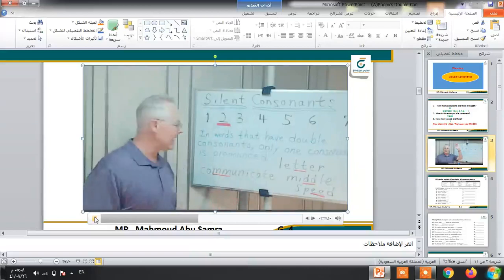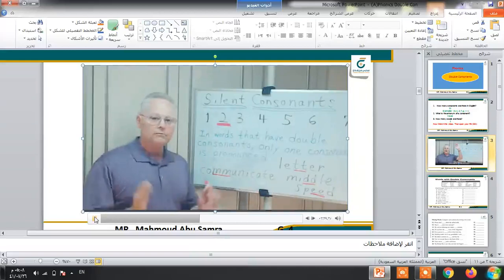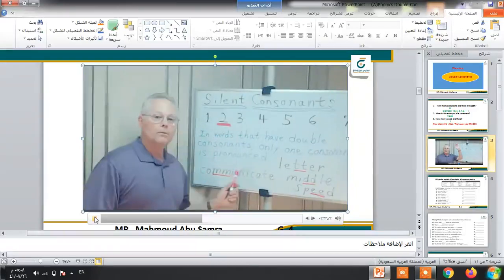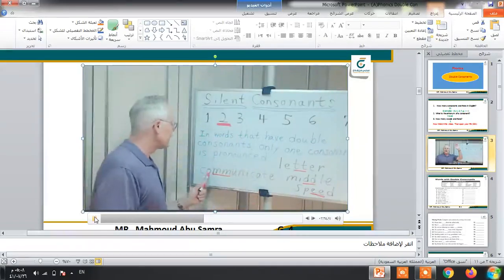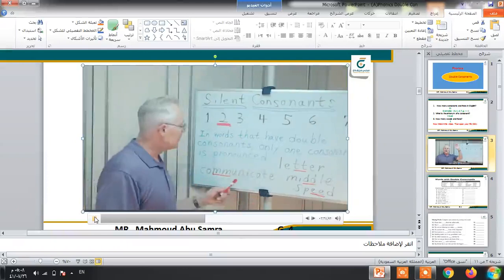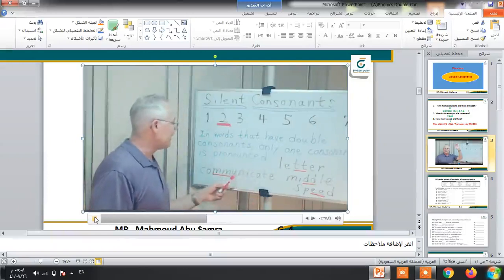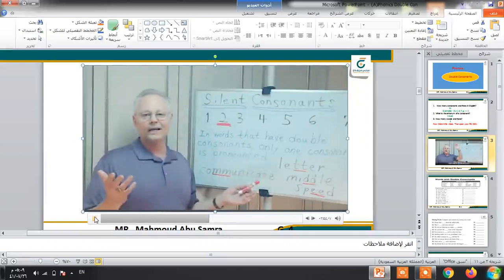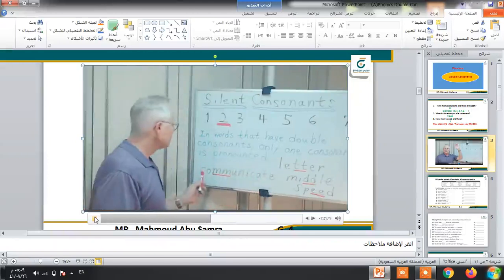The way it's said, the 2 M's, they just run together, right? Just like when you get to the N, you hear one N. There is only one N.